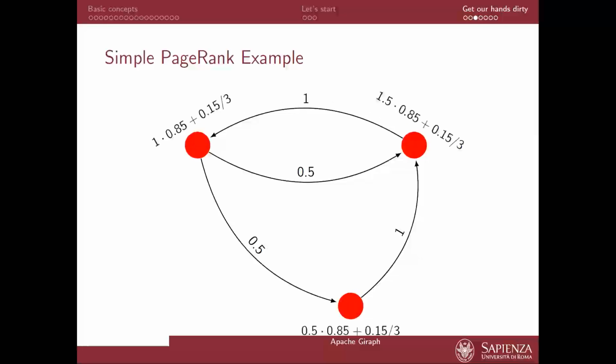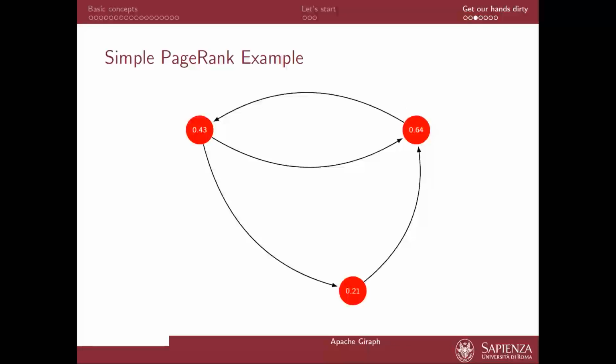Here, we are using 0.85 as a damping factor, because it's the value suggested by Page in the original paper. Then we compute the result of this operation, and this is the rank of each vertex. We have completed the first iteration. Then we are ready for another iteration.